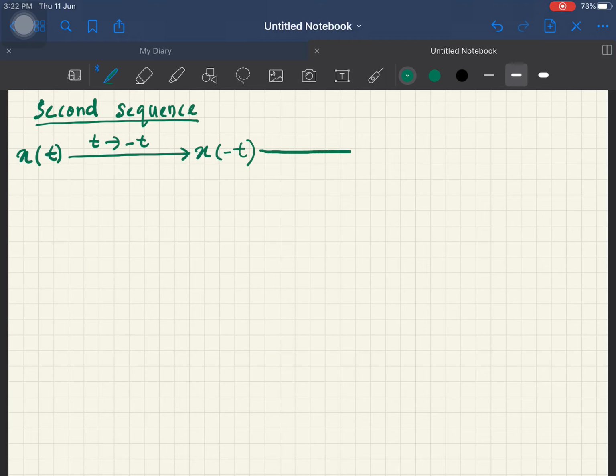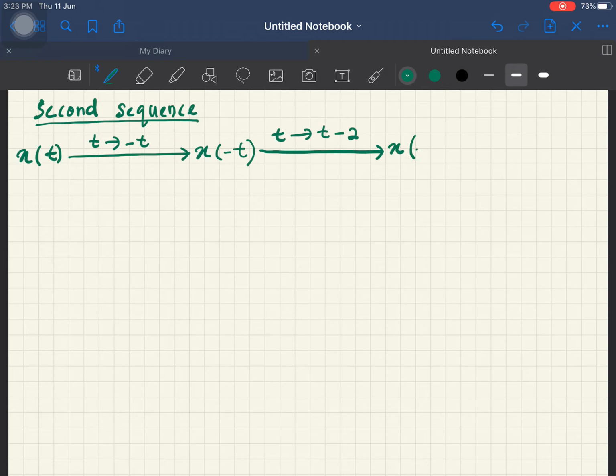After you perform time inversion, and then you do time shifting, but this time you cannot shift to the left anymore. Instead you have to shift to the right. So t minus 2.